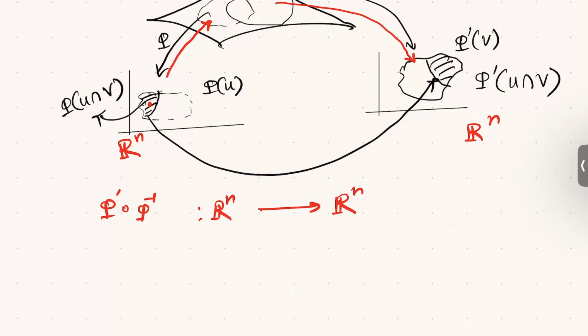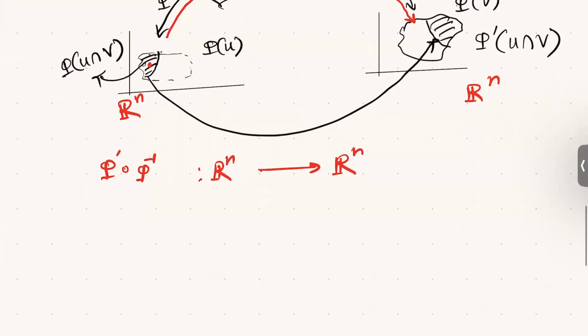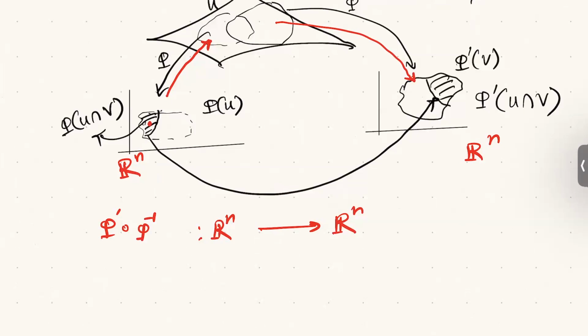If I take the composition of two continuous functions, the map is again a continuous function. So the topology on the manifold M gives us a kind of transition map from one coordinate system to another.